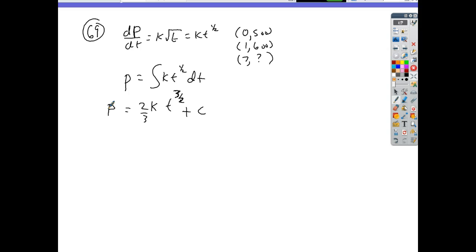So here we go. How am I going to find C and how am I going to find K? Because I still haven't found either one of them. So if I plug in 0 and 500, I get 500 equals 2/3 k, 0 to the 3/2, plus C, right?